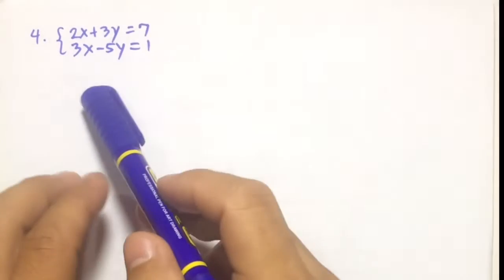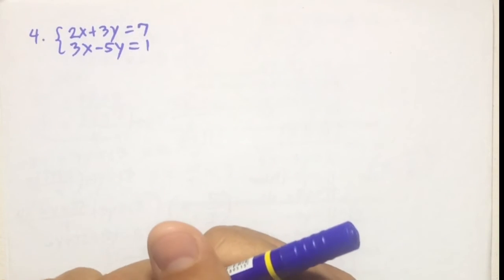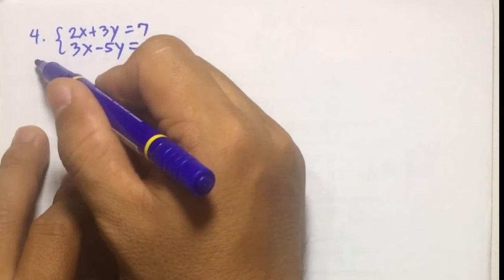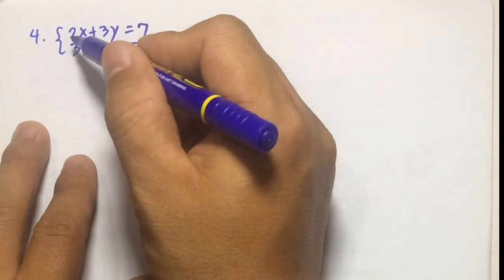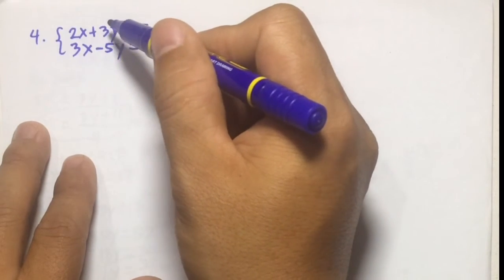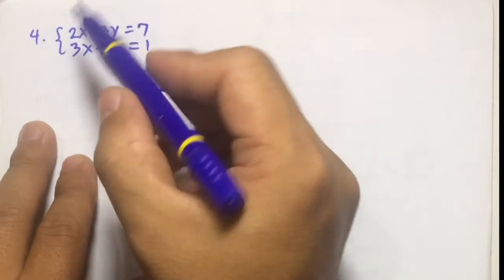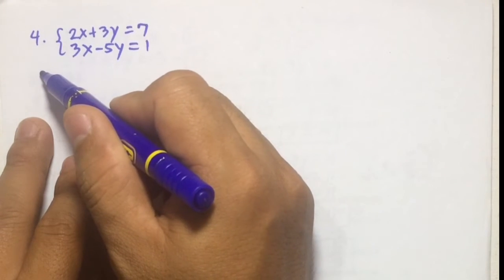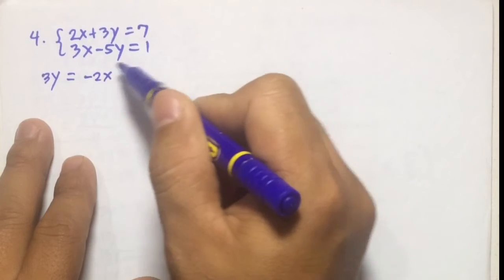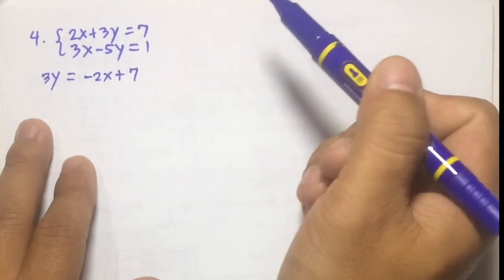We have the system 2x plus 3y equals 7 and 3x minus 5y equals 1. Let's have first by substitution. So in here, we can express equation 1 in terms of y. So doing that, we're going to have 3y equals negative 2x plus 7.